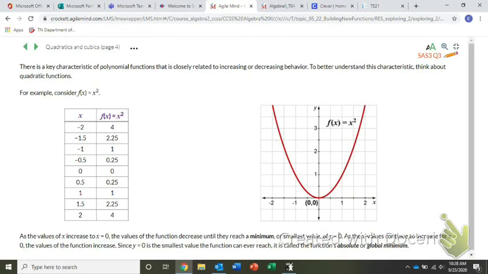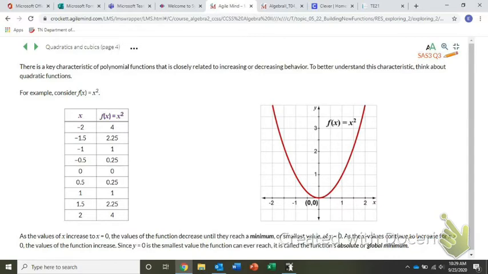All right, so now on number 3, it says there are key characteristics of polynomial functions that are closely related to increasing and decreasing behavior. To better understand this characteristic, think about quadratic functions. So what I want you to do right now, you have this chart and this graph on your paper. So you only have your X column on your paper.